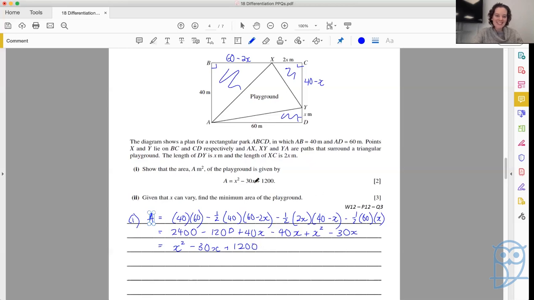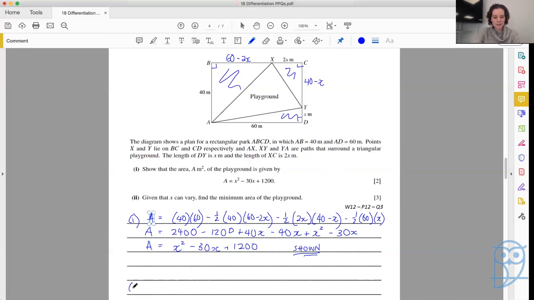Magic: x squared minus 30x plus 1,200. And we have shown that the area equals that. If you're having a sleepy moment and couldn't show it, they've given it to you so you can still do part 2 of the question. But it's nice to have those 2 marks there.